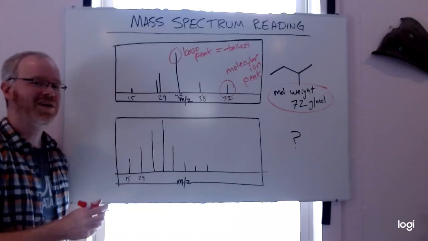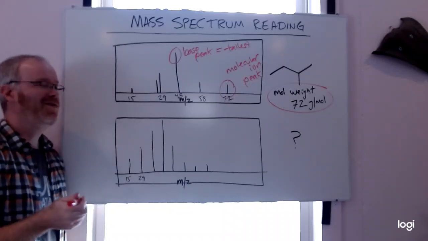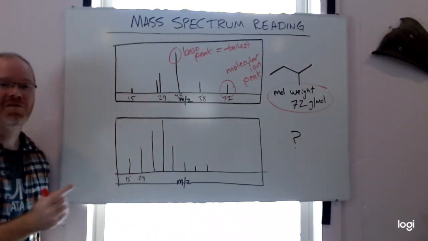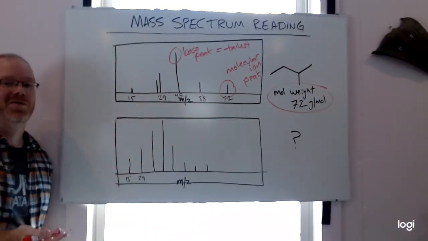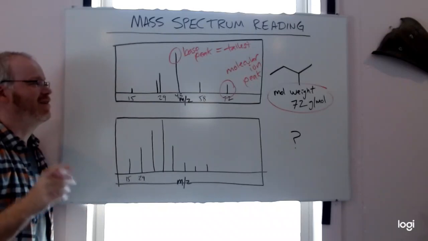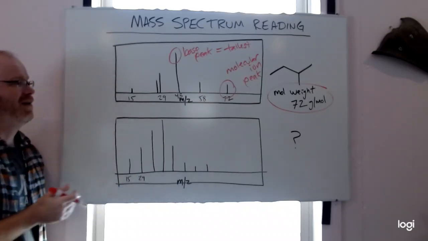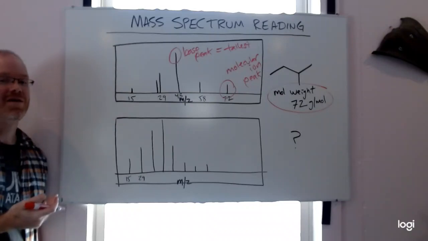Not always, though. It can be a little bit tricky. So two things. The molecular ion can sometimes be the base peak for a really stable molecule like benzene. A lot of times it doesn't fragment that much. So the most abundant peak can be something like the molecular ion itself.